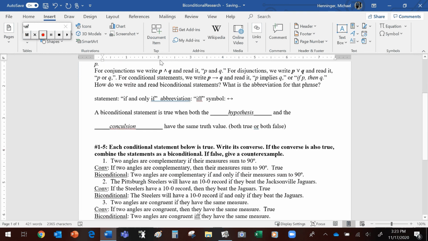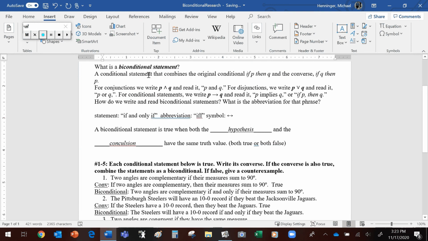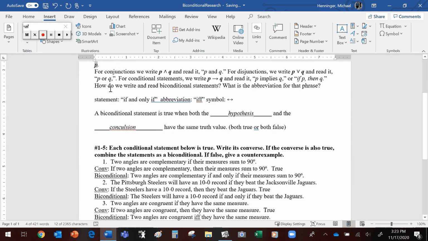So a biconditional statement is a statement that combines the original conditional, if P then Q, and the converse, if Q then P. Okay, and they both have to be true. Okay, we use the phrase if and only if, which we can abbreviate IFF, and we can use the arrow that points in both directions as a symbol for it.